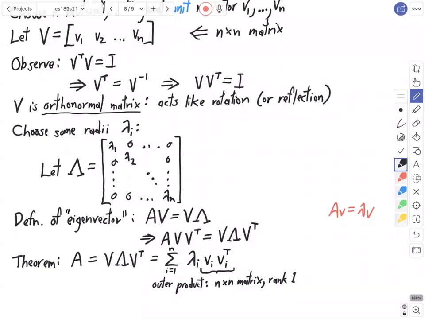So this is a nice way to express any matrix A as a sum where each eigenvector contributes one term. By summing them up this way, you get a matrix that has exactly the eigenvectors and eigenvalues that you asked for.